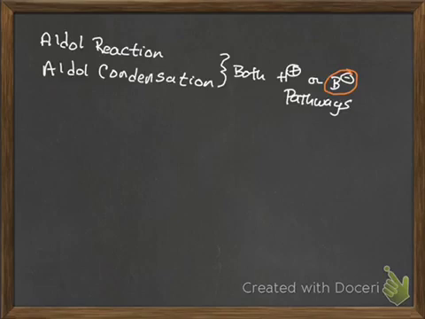All right, so what is an aldol? Valid question. An aldol is one of these weird pieces of Franken nomenclature that you can piece together on your own. An aldol is a molecule that would look like this.